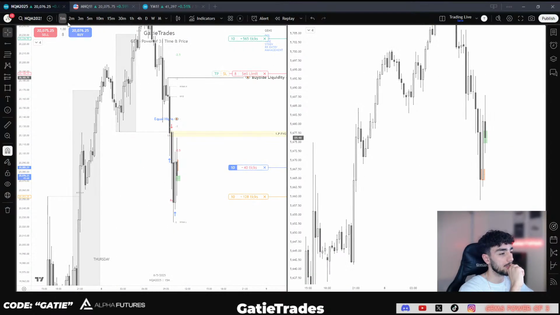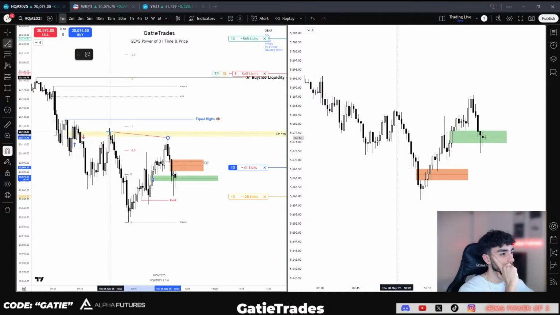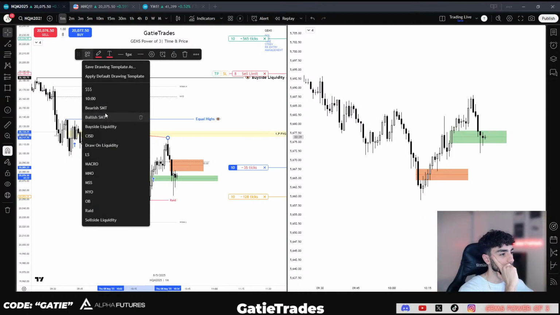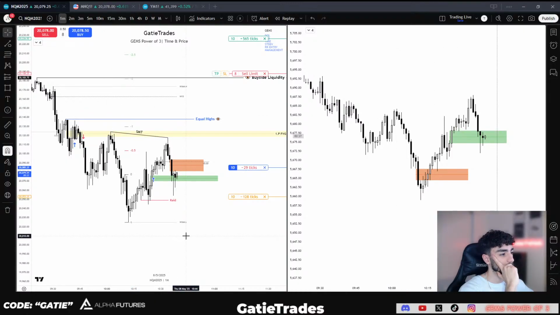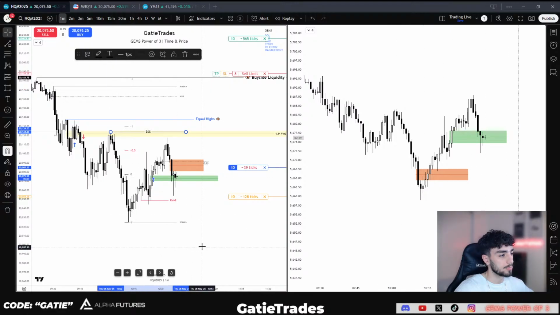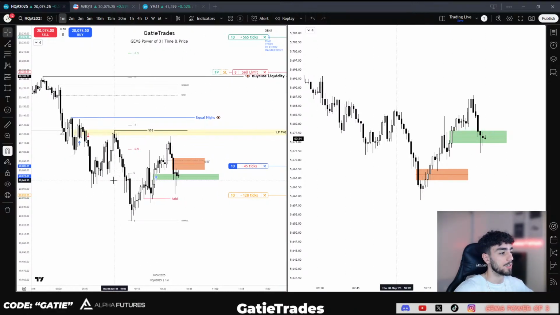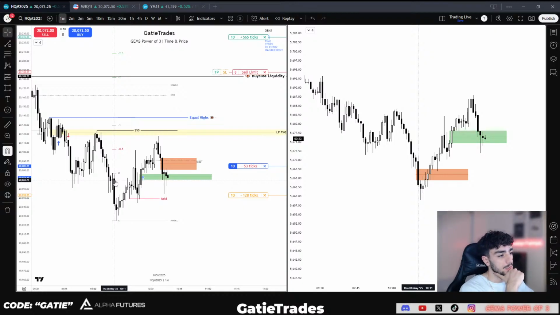We do have an SMT with the equal highs that we wanted on ES. All the rest of the liquidity is higher. Bullish on the daily. So it's a good trade, in my opinion.